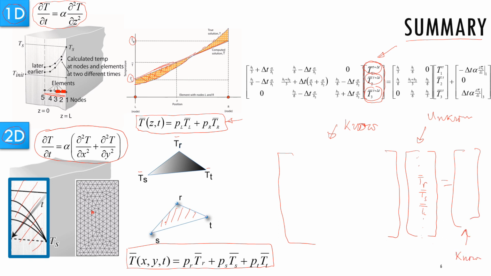By solving this linear set of equations, we solve for all the unknowns, which are the nodal temperatures, and then interpolating between the nodal temperatures, we can get any values within. That's how the finite element method would work for 2D, and in a totally analogous way, we can extend it to 3D, where we'll have the 3D interpolation. Thank you.